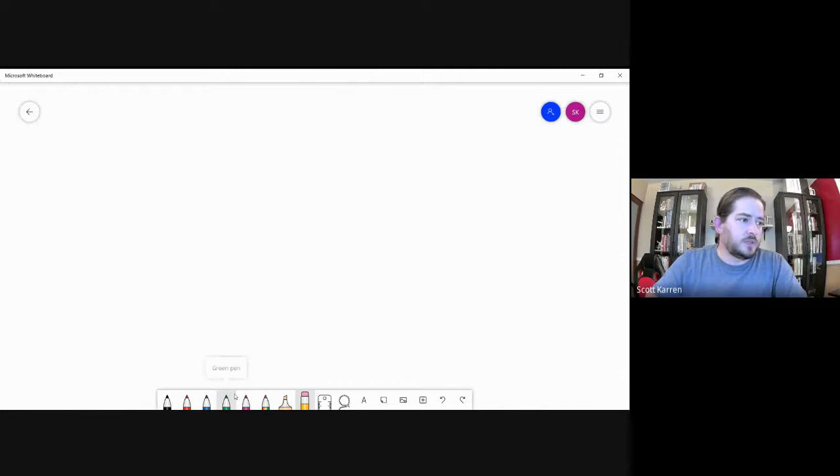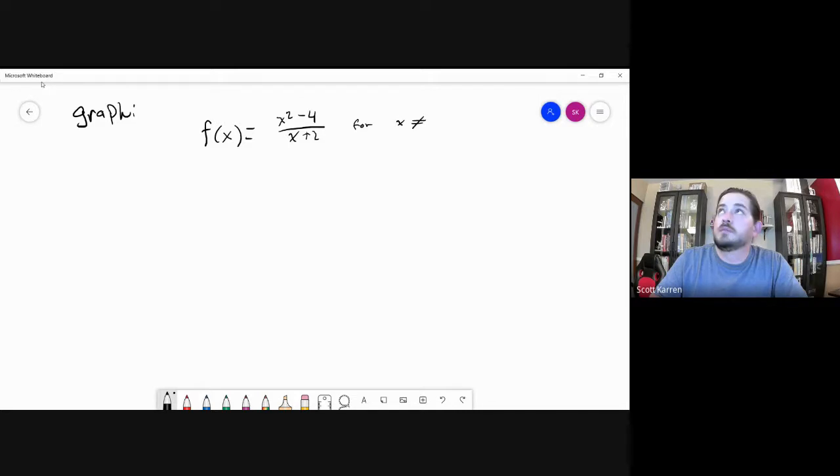So we want to graph a piecewise function, f of x equals, and it's only 2 pieces: x squared minus 4 over x plus 2 for x not equal to negative 2. And then it's defined as simply being 3 when x is negative 2, right?